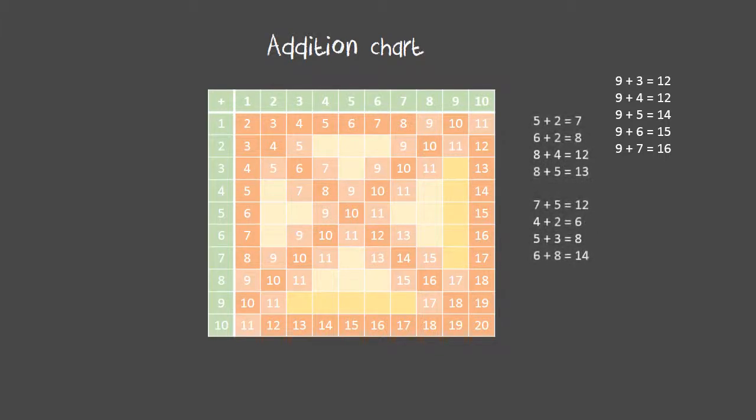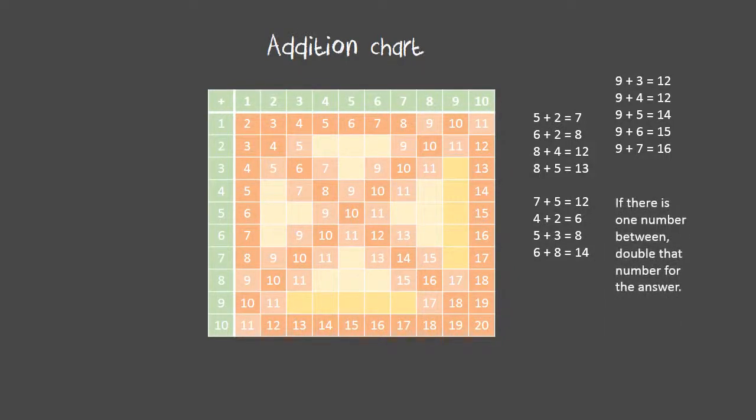And from there, all they're left to memorize is 5 plus 2, 6 plus 2, 8 plus 4, 8 plus 5, 7 plus 5, 4 plus 2, 5 plus 3, and 6 plus 8. And so those aren't that overwhelming. And out of those, there's a strategy on the 7 plus 5, and the 4 plus 2, and the 5 plus 3, and the 6 plus 8.